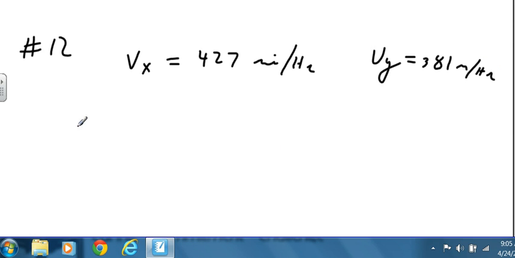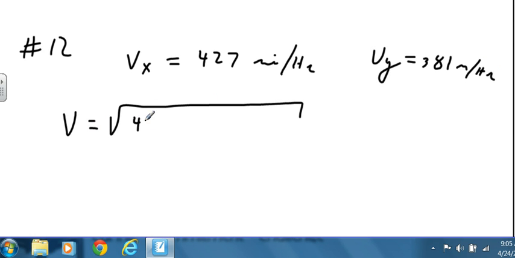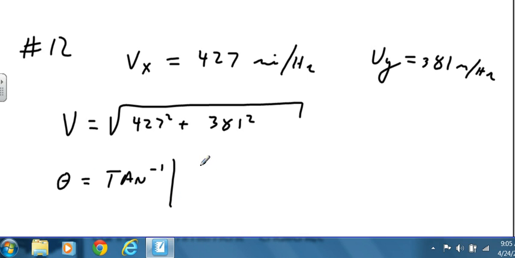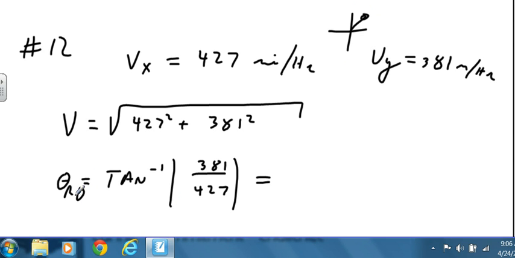All right, so the magnitude of v is going to be the square root of 427 squared plus 381 squared, and the angle is going to be the arctangent of the absolute value of the y component over the x component. I recognize those y and x components as being a first quadrant answer, positive, positive. So my reference angle will be the angle that I'm looking for, if I could spell reference.